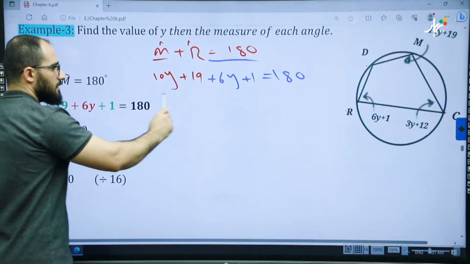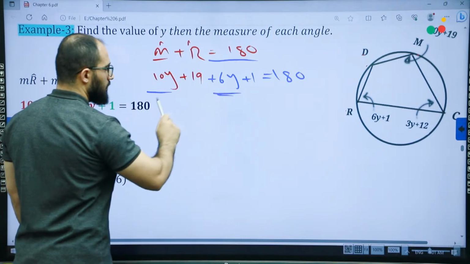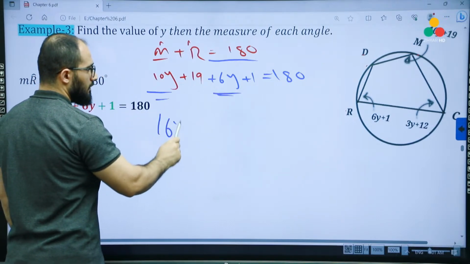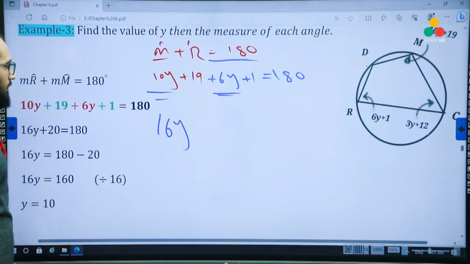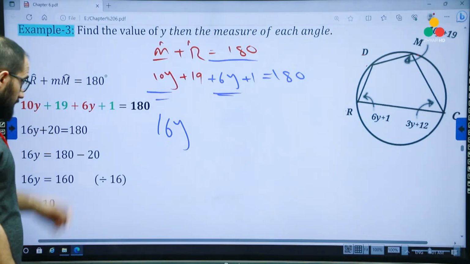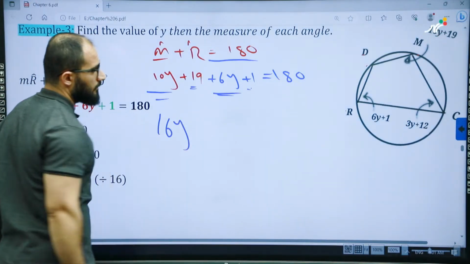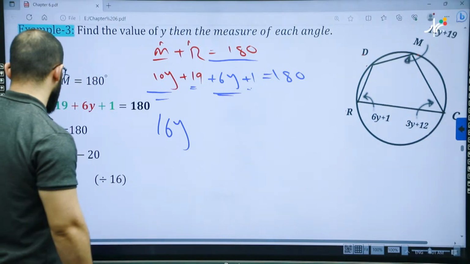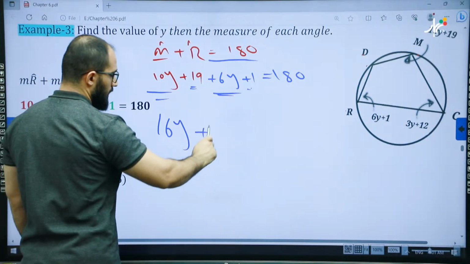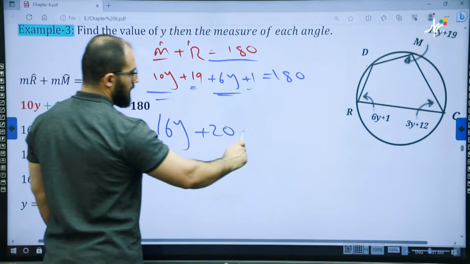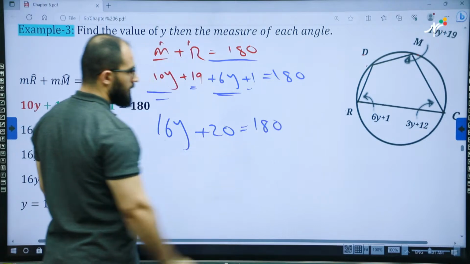We have like terms: 10y plus 6y is equal to 16y. Then 19 plus 1 is equal to 20. So 16y plus 20 is equal to 180.